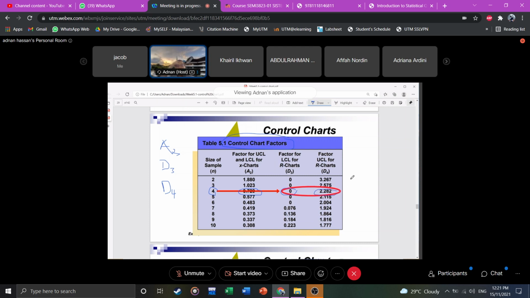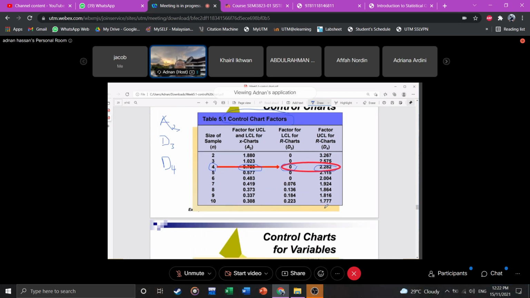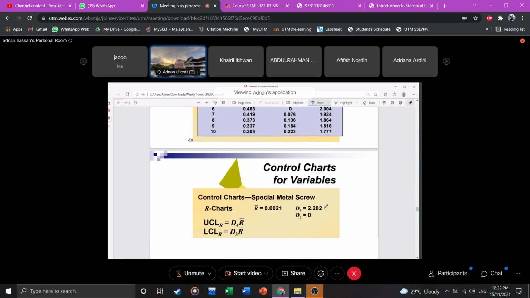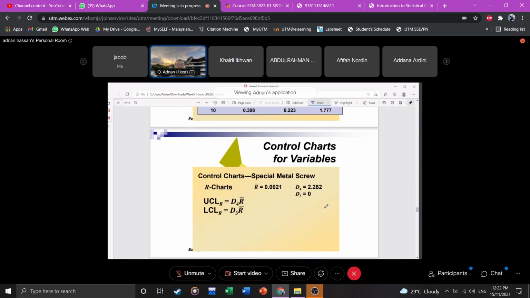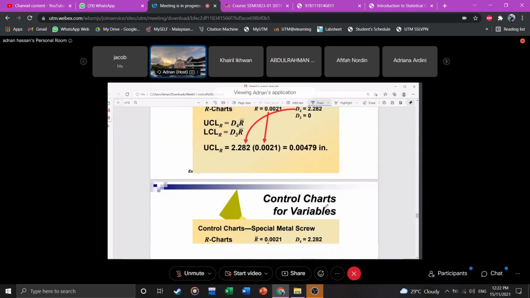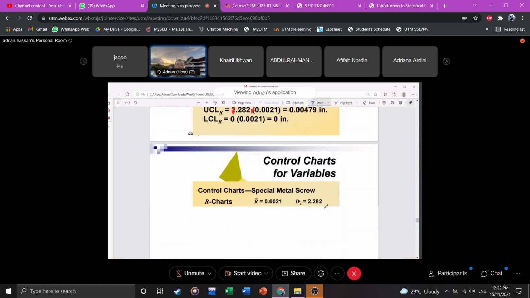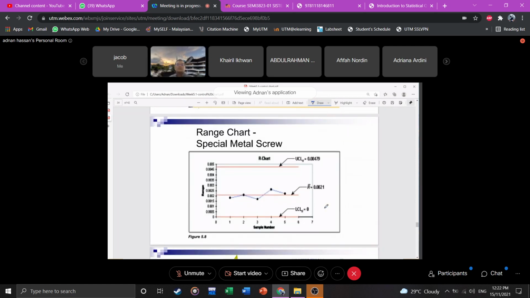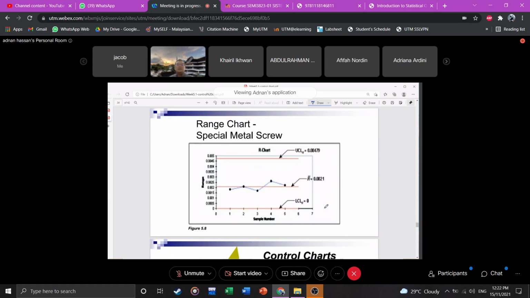In the past this was very useful because there was no calculator, and the operators also had limited knowledge in mathematics, so they used the table. But now, since we have computers, it is very easy to use the complete formula. Okay, and then we plot the value.